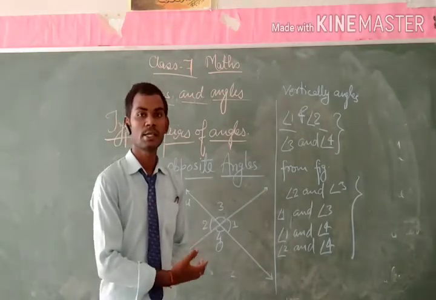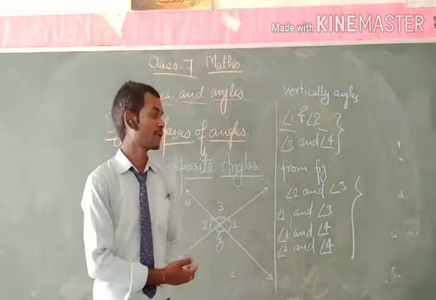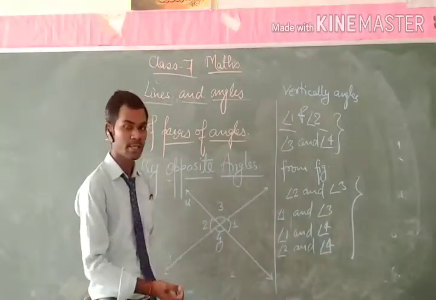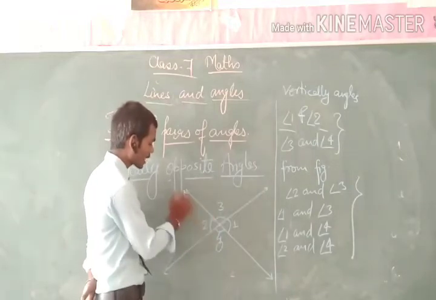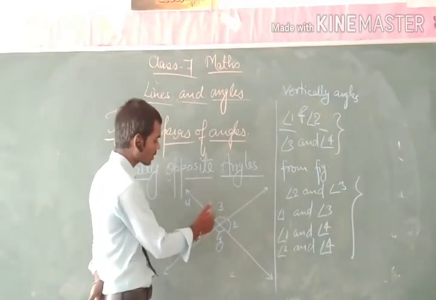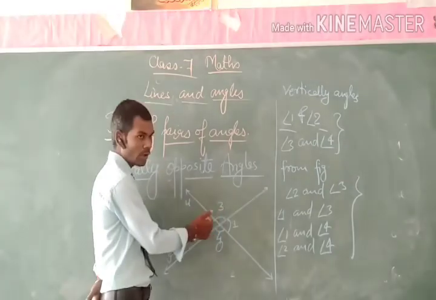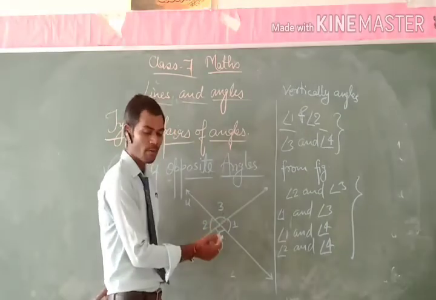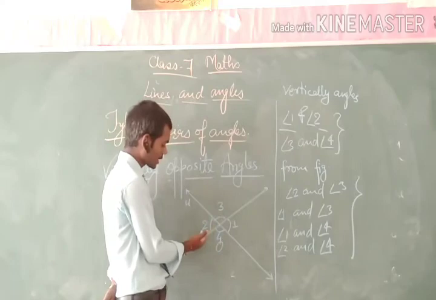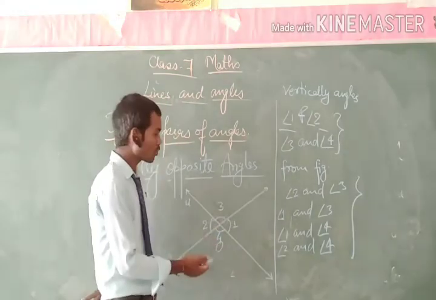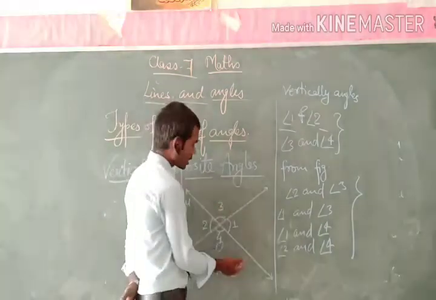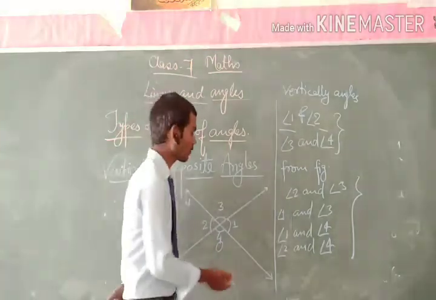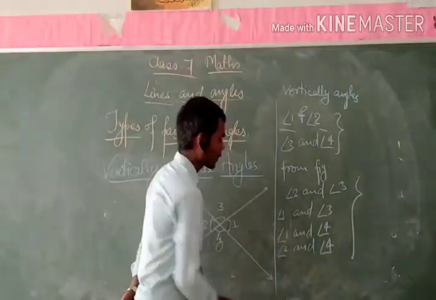Also we can say that angle 2 and angle 3 are adjacent angles, because here the side OU is common for both angles, and also the vertex O is common for both angles. So we can define linear pair, adjacent angle and supplementary angle for all the other three pairs.